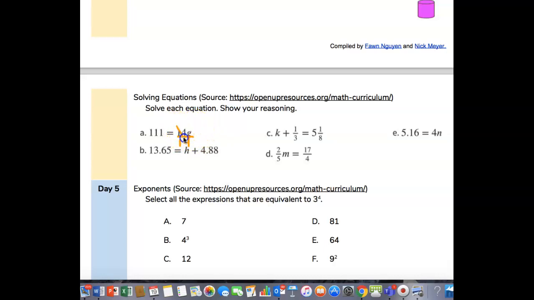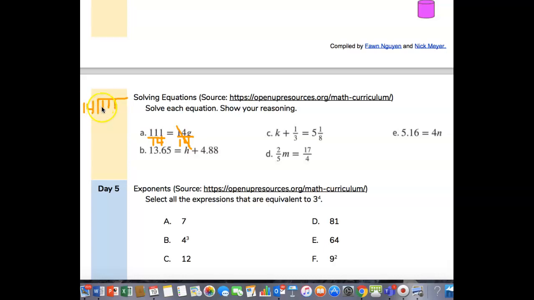We're left with g here, because 1g is g. All right, but the rule is whatever we do to that side, we have to do to this side. So, okay, we're going to have to do some division here. So we're going to come over here, 111 divided by 14. All right, so this is a guess and check.